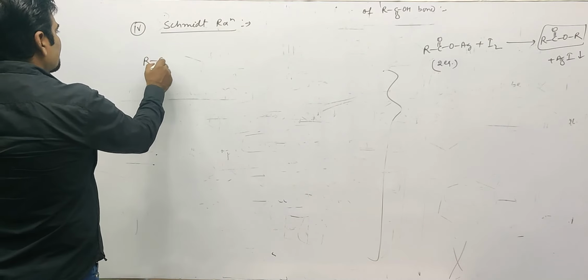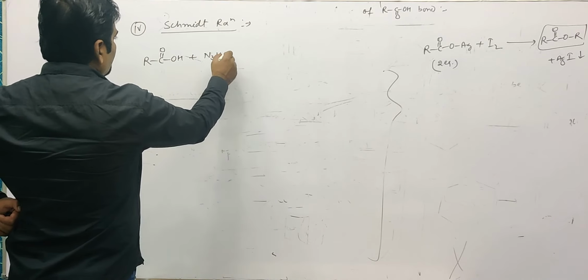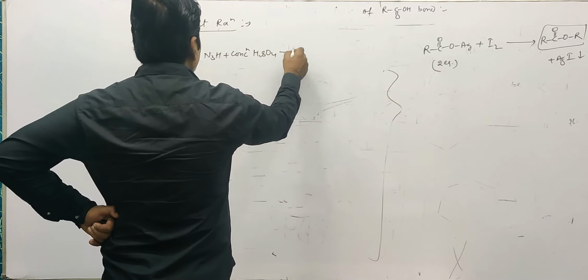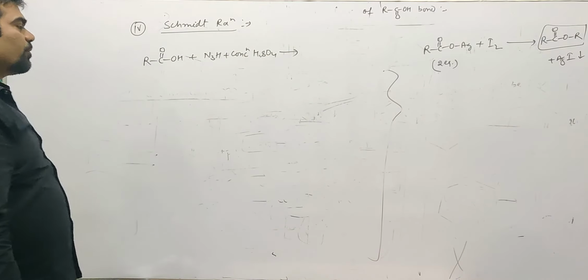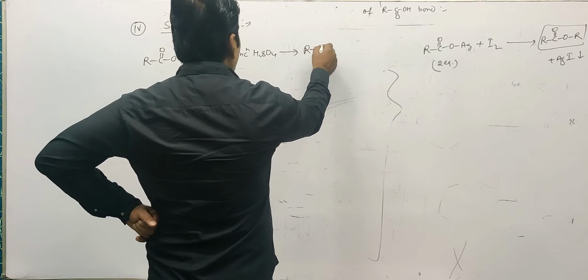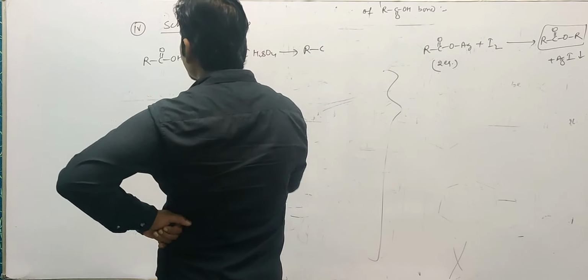When carboxylic acid is treated with hydrazoic acid in presence of concentrated sulfuric acid, it forms the corresponding primary amine, and the reaction is called the Schmidt reaction.